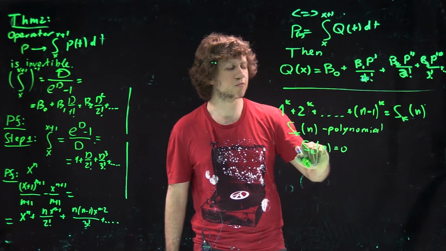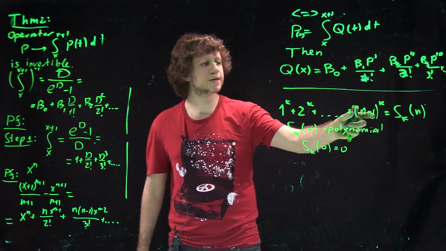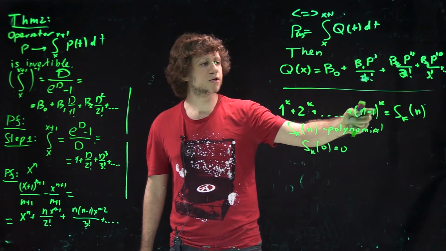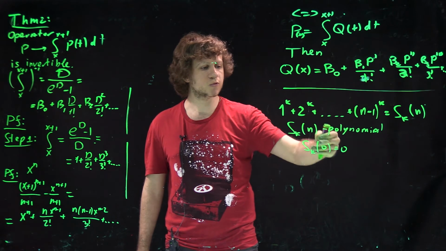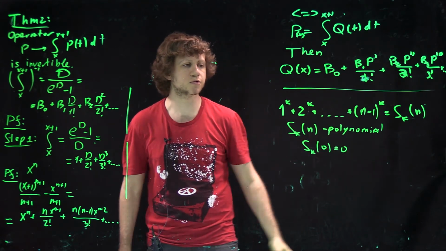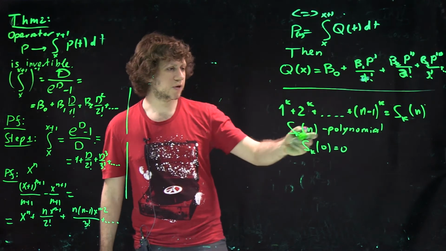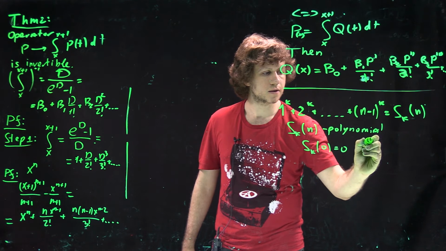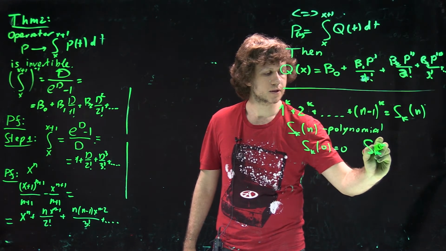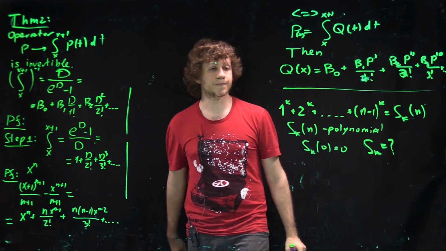So there was this statement that if you have an arbitrary polynomial, then you can solve the equation delta of something equal to this polynomial with the additional condition S_k of 0 equal to 0, and this is of course what we got. So the question is to compute S_k explicitly.